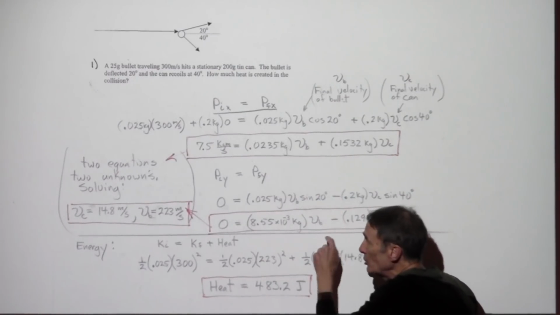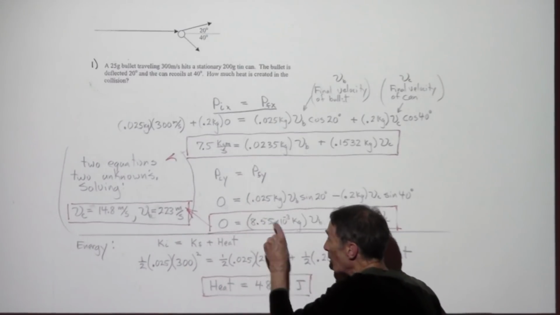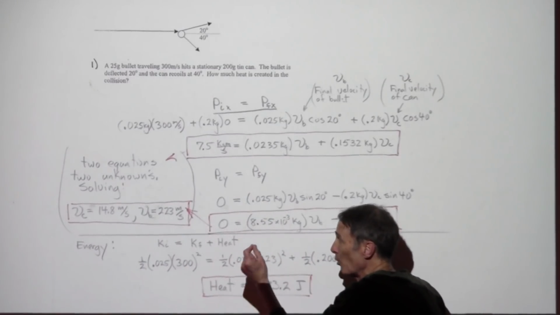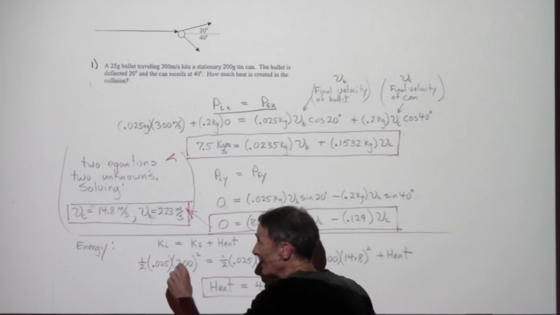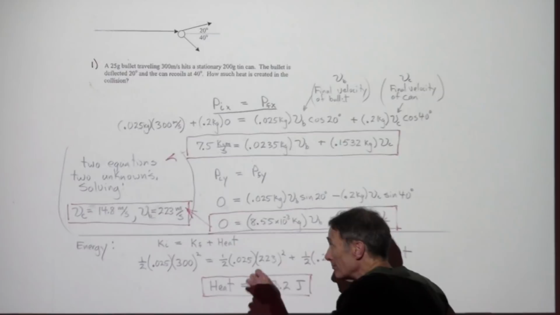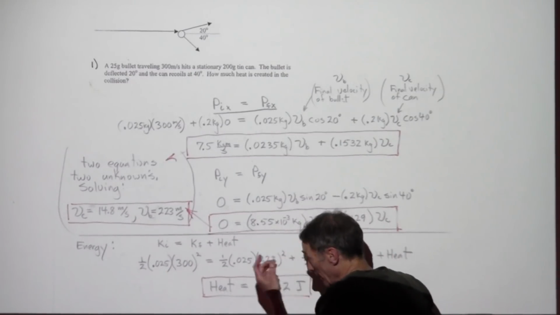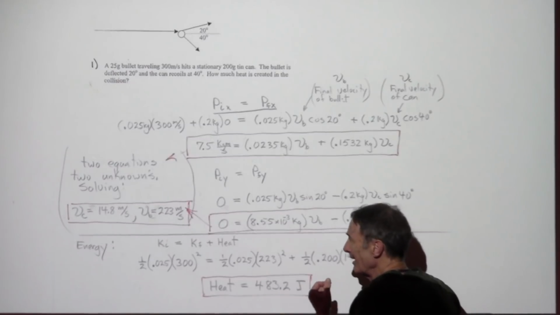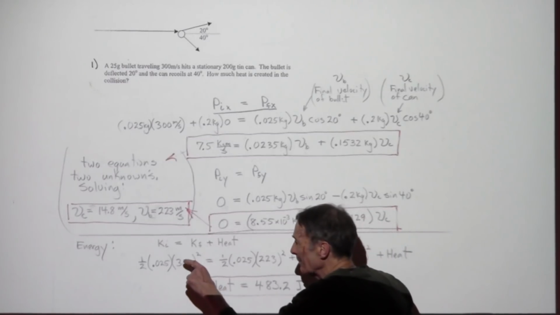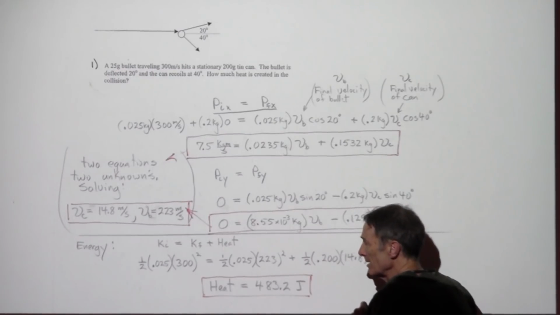We'll bring these two equations together and solve for our unknowns, the velocity of the can and the velocity of the bullet. So I've got my results. You should work these problems for yourself and convince yourself. I think I haven't made a mistake here. Nobody's called on me on it yet. So I think these are right for their velocities.